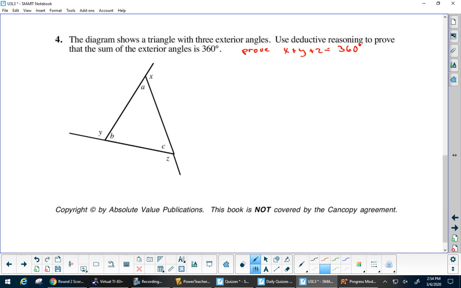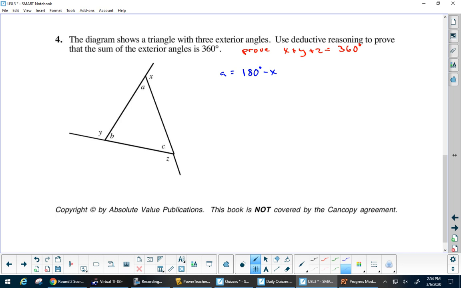Okay. So this is a good one. Now, what do I know? What does A equal? So maybe the first time you see this, you're like, I wouldn't have thought of that. But A equals 180 degrees minus x. Do you agree with that statement? A equals 180 minus x.